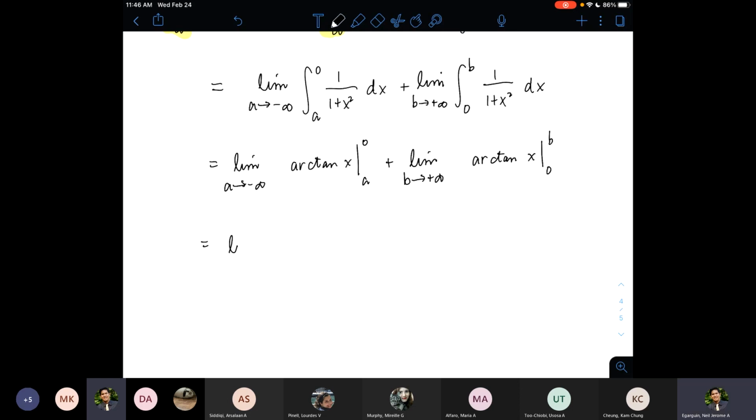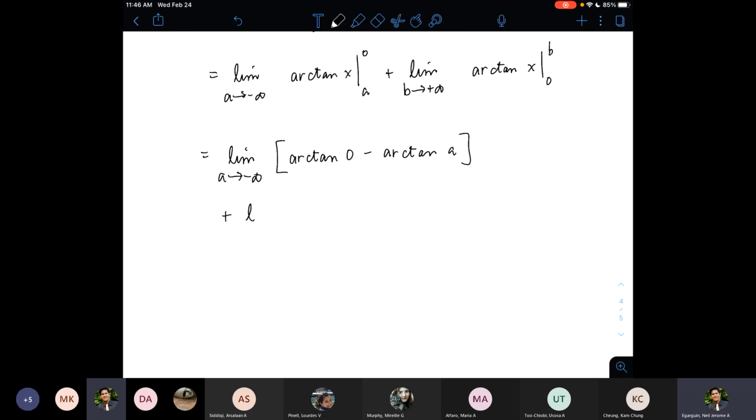Let's write this down. So we'll have arctan of 0 minus arctan of a as a approaches minus infinity, plus the limit as b approaches positive infinity of arctan of b minus arctan of 0. Okay.